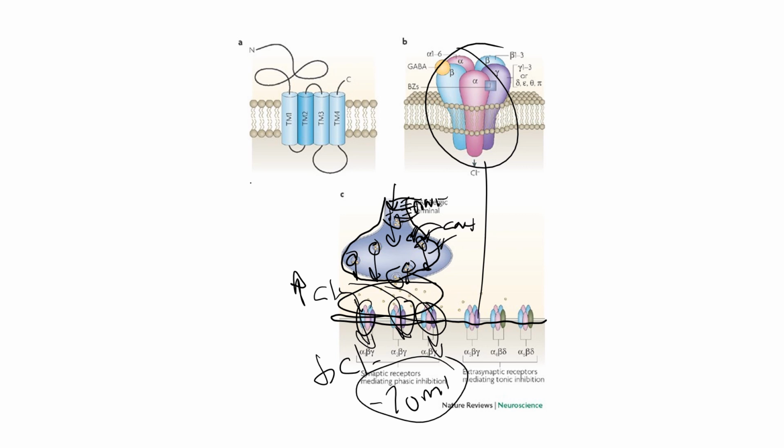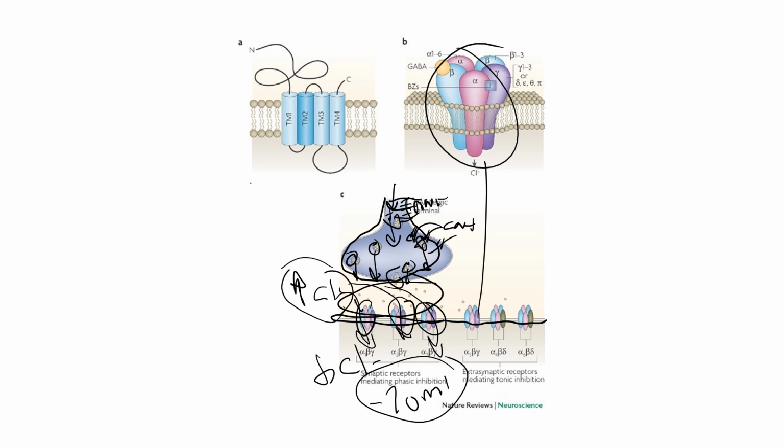So if GABA binds to GABA receptors, which are really ligand-gated chloride pore channels on the dendrites of the alpha motor neuron, what GABA binding to these GABA receptors does is it increases the permeability that the dendrite has for chloride.